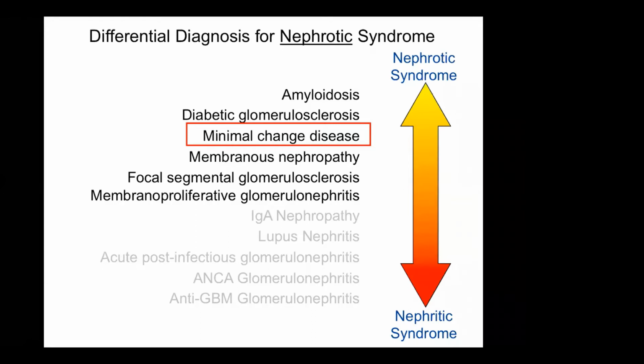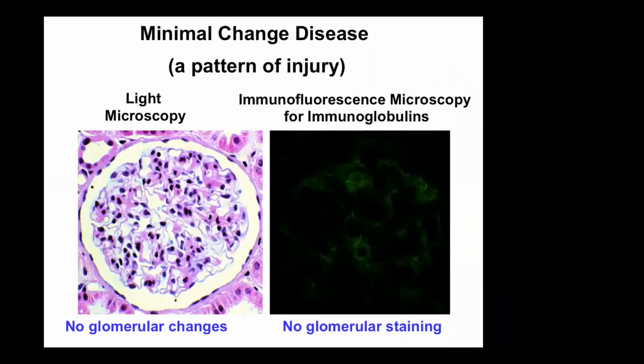Complement diseases mean there is a problem with the complement cascade. But if we talk about podocytopathies, we are talking about minimal change disease and focal segmental glomerulosclerosis. Let's start with minimal change disease.